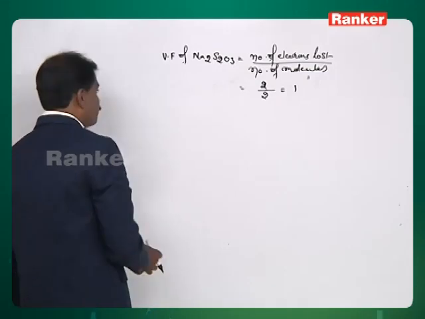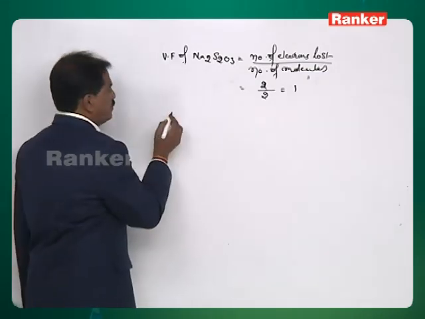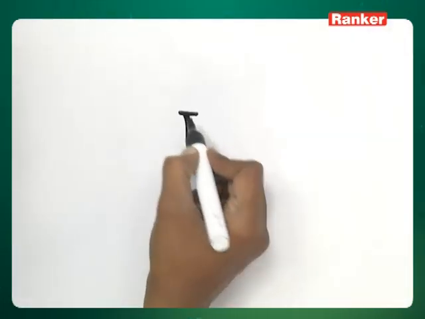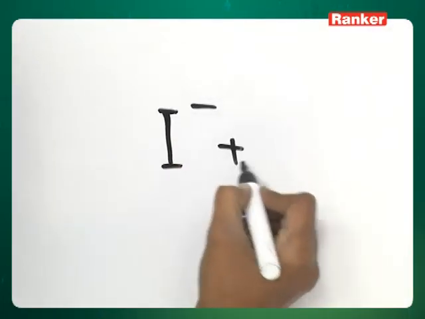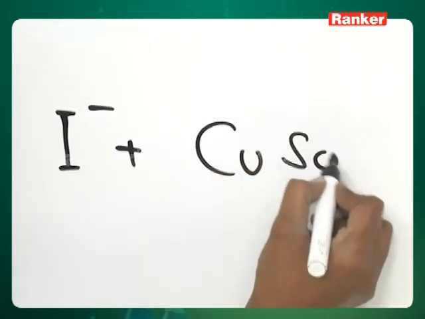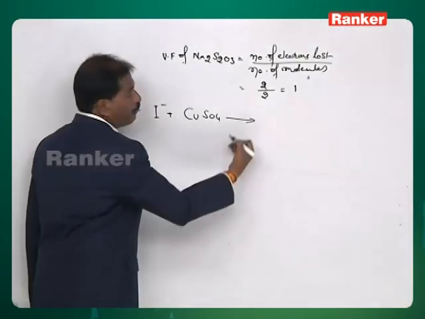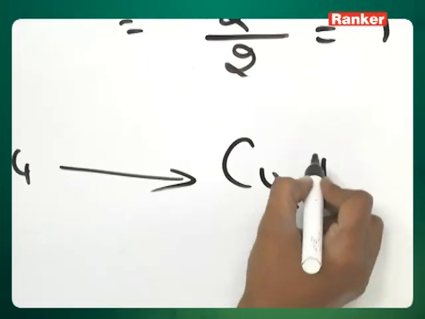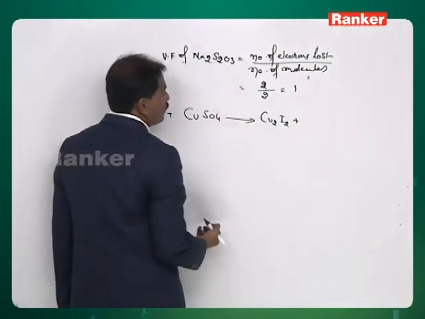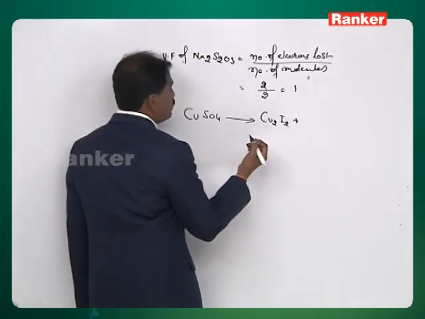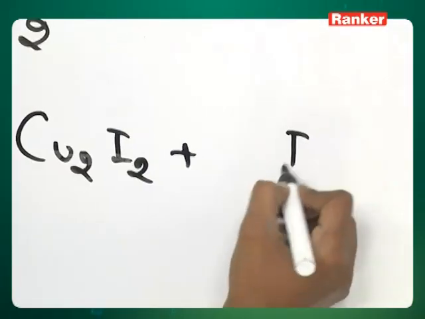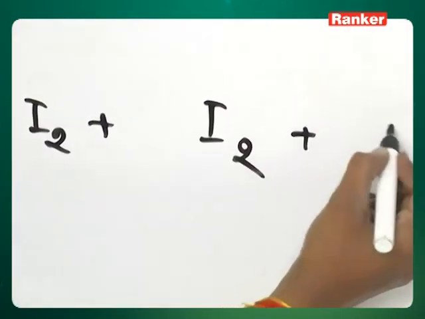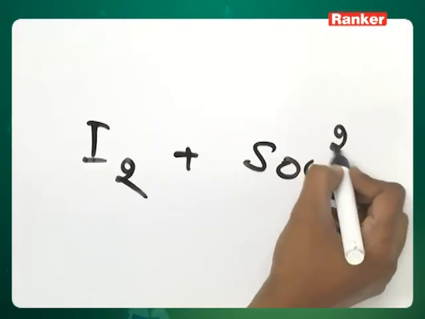Next, another well-known redox reaction is the reaction between I- and CuSO4. In this reaction, Cu2I2 will be formed, next I2, next sulfate.